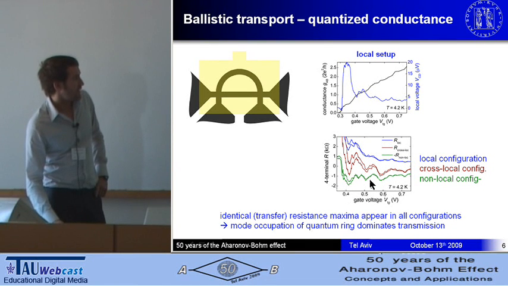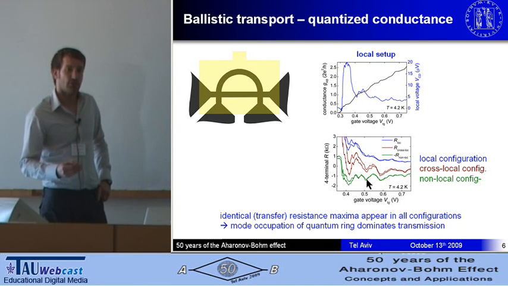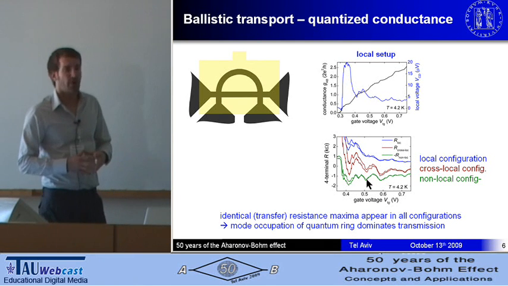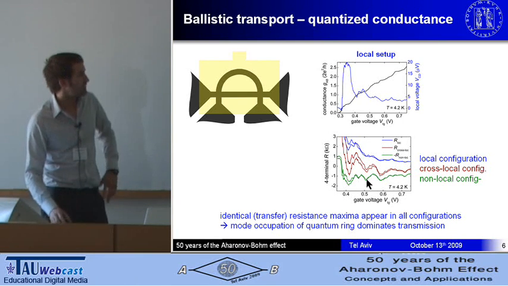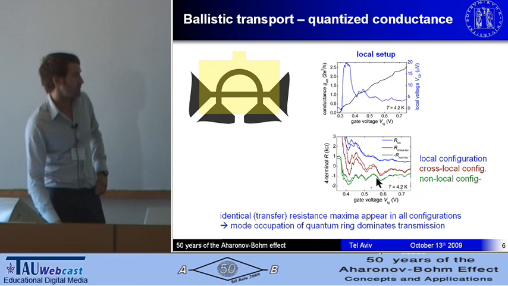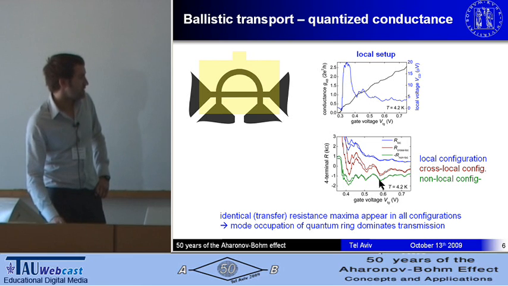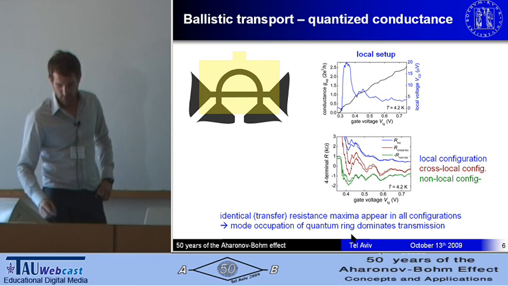And here you see that independent of the measurement situation, that is the probe configuration, and independent of the leads where we measure, we find the signatures of the 1D transport at the same gate voltages. That is, we find minima and maxima at the same gate voltages, so that we can state that the mode occupation of the quantum ring itself dominates the transmission probabilities in our ring.